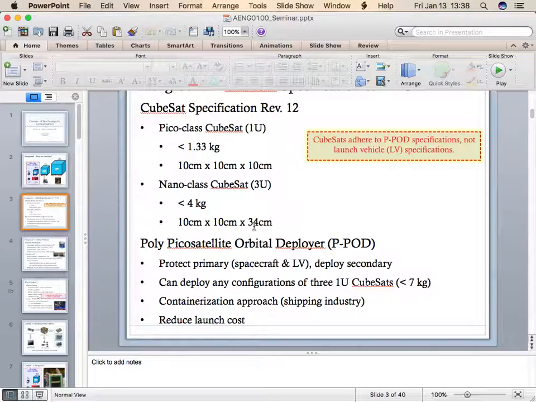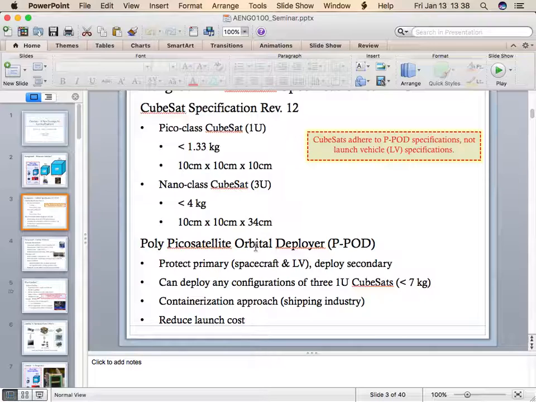Okay. What is this poly-picosatellite orbital deployer? In short, it is called PPOD. Now, what's happening? This is interesting. For pico and nano class satellites, there are no dedicated launch vehicles.